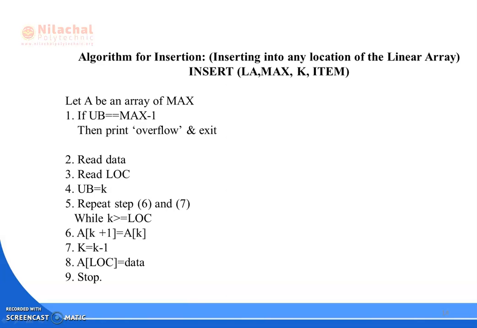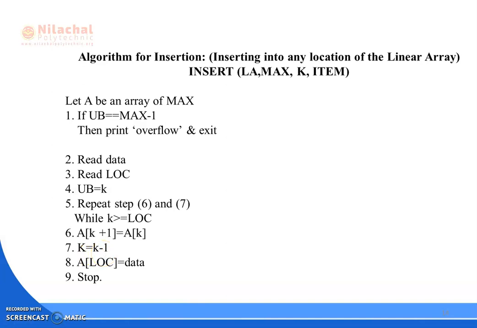So what does it have to do in steps 6 and 7? In step 6, similarly, the value of A of k will be assigned to A of k plus 1. That is, from the location position we are going to shift each element to the adjacent position, that is, to the next position. Again at the 7th step, we decrease the k value by 1.